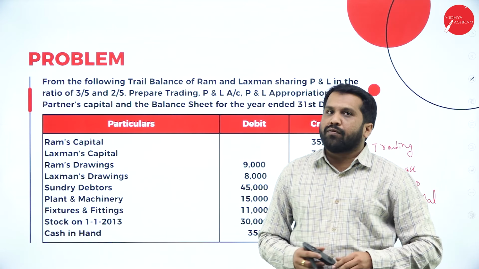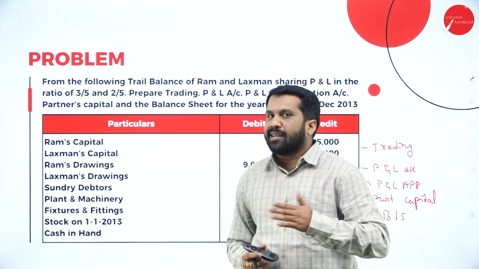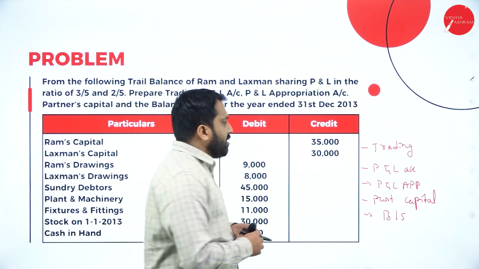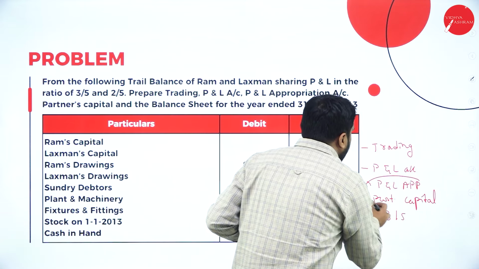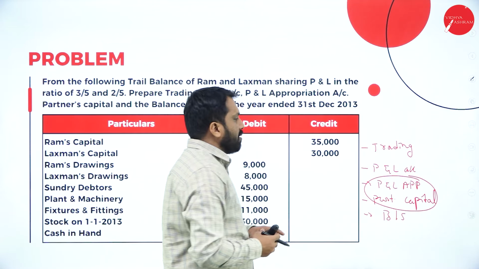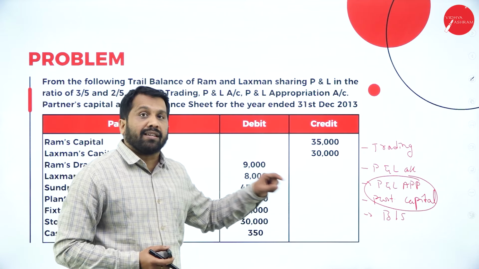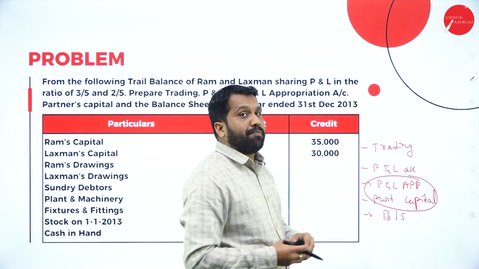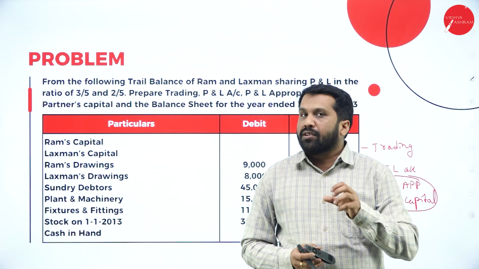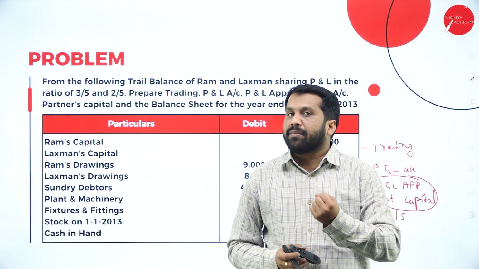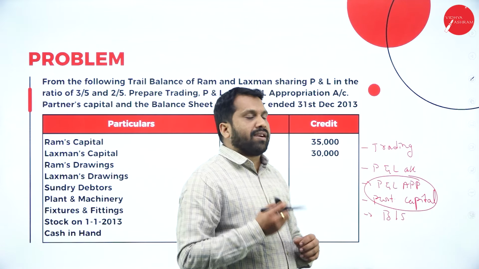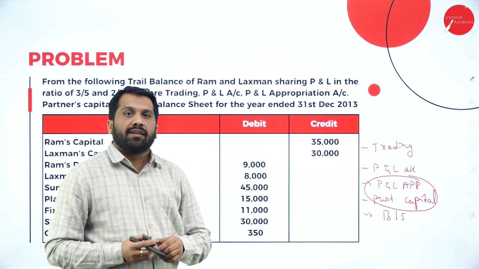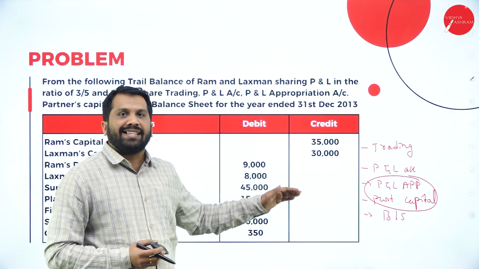Whatever you studied in first PU or second PU, 11th or 12th, the same concept will apply here, but the only extra thing is P&L appropriation and partner's capital. You have done this also in the partnership account. While doing your second PUC in 12th, you did partnership, admission, retirement, death. In that we did P&L appropriation as well as partner's capital. But compared to that, this is easy.